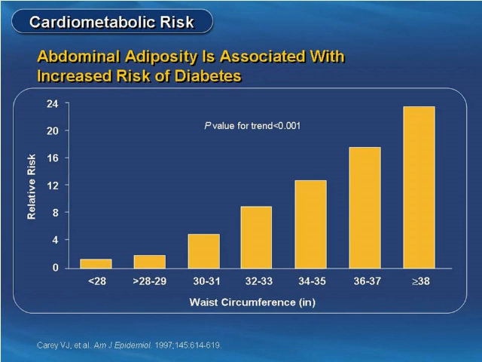Another look at what abdominal adiposity, or waist circumference measured in inches, can tell us about the risk of diabetes.